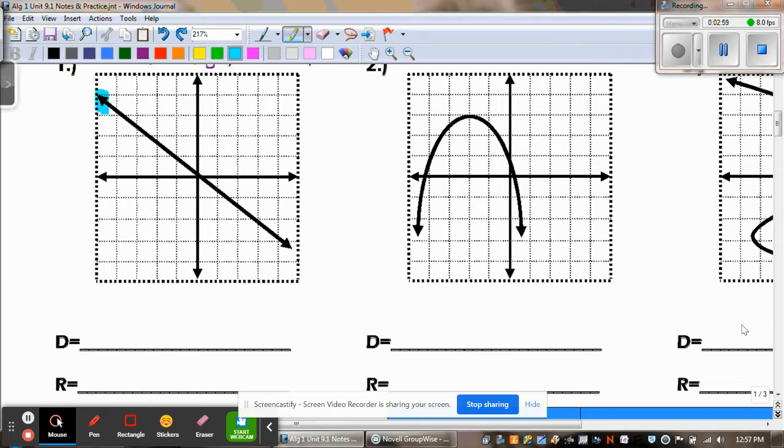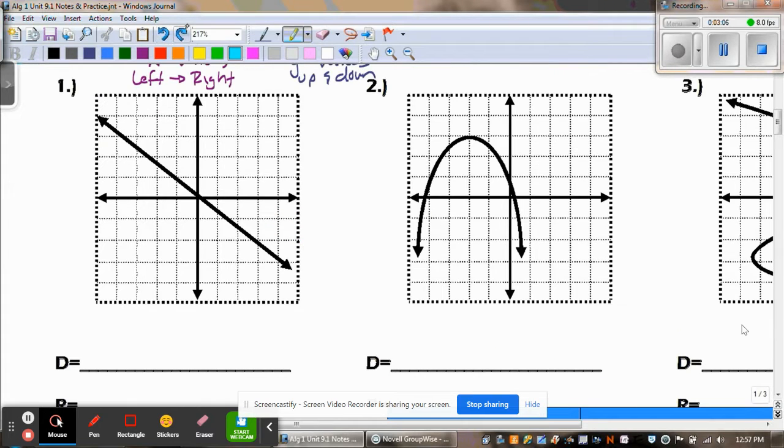That arrow means this line just keeps going and going, with no starting or stopping. So when it is like that, our domain, the set of x's, is all real numbers. I don't know where it starts, and I don't know where it stops.